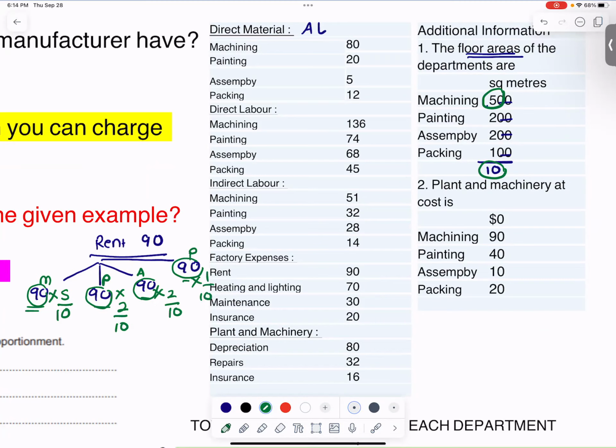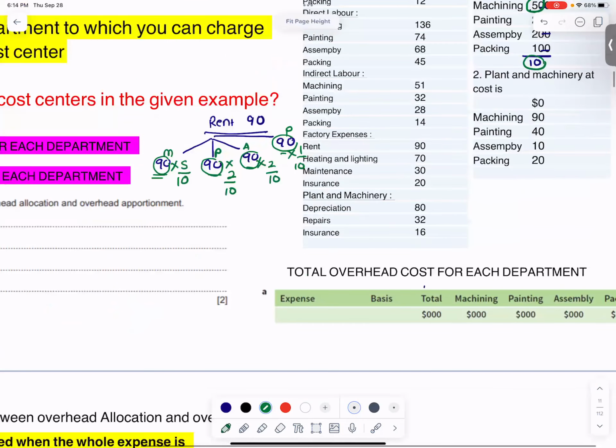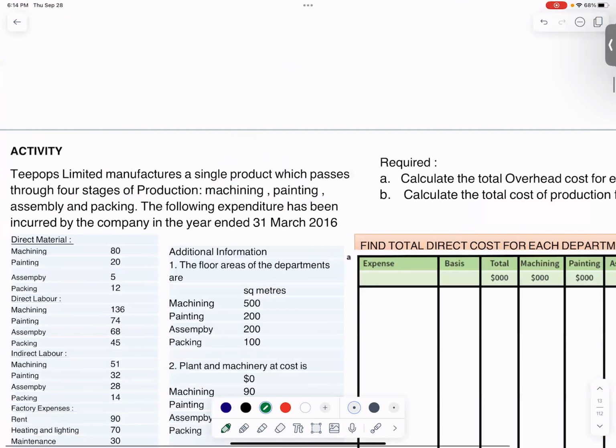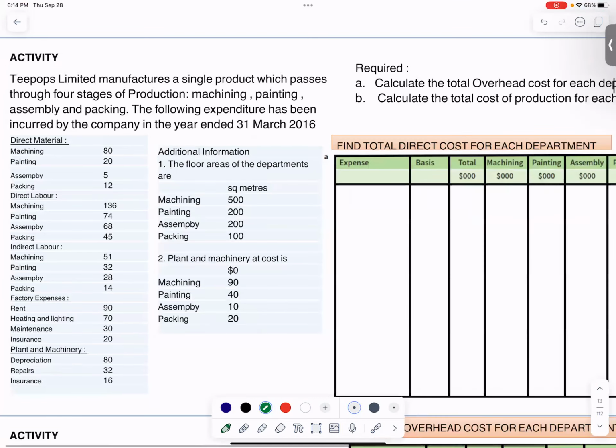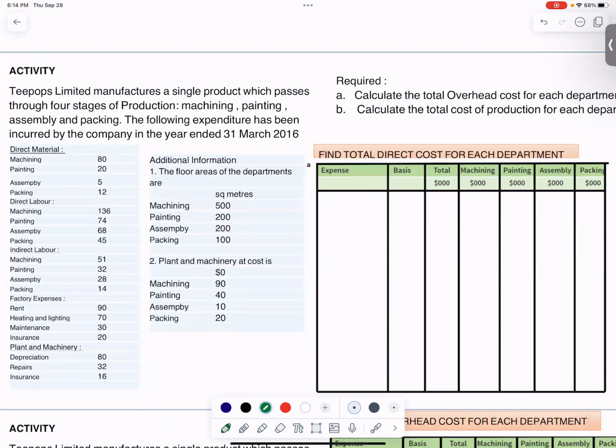Are you with me? Okay, fine. Let's do the sum together. What do they want us to find? Overhead cost for each department. Read this.